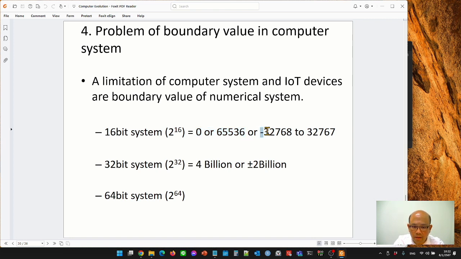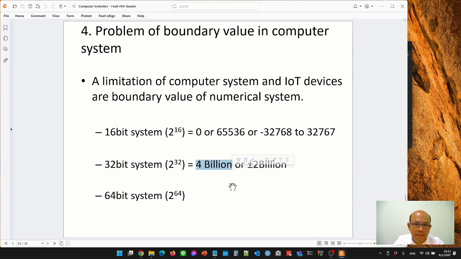For positive and negative values, it is split into two parts: about minus 32,000 and positive 32,000.